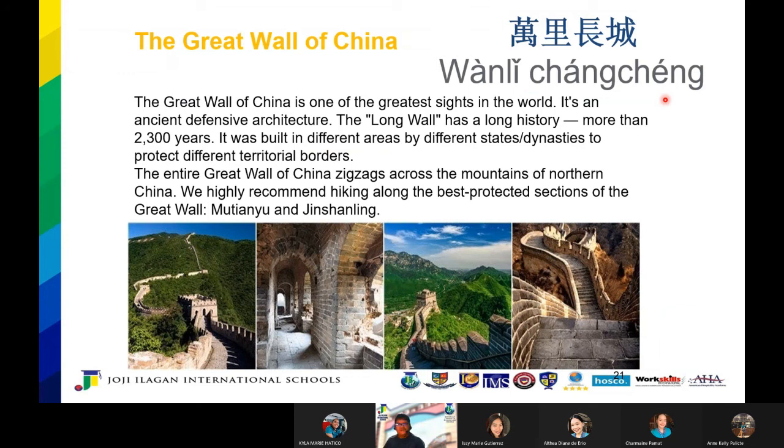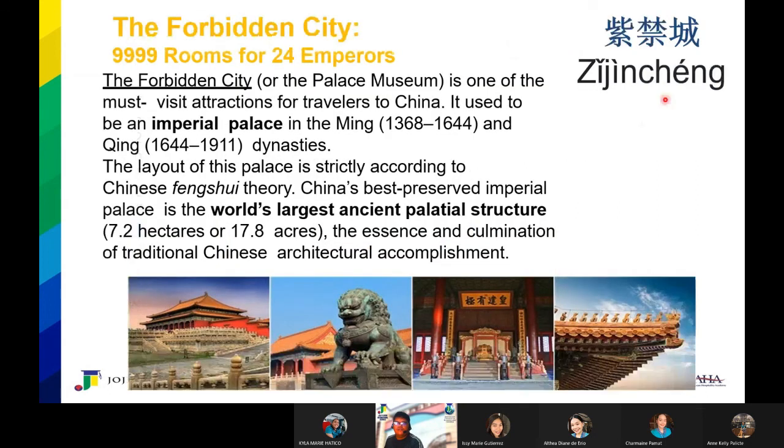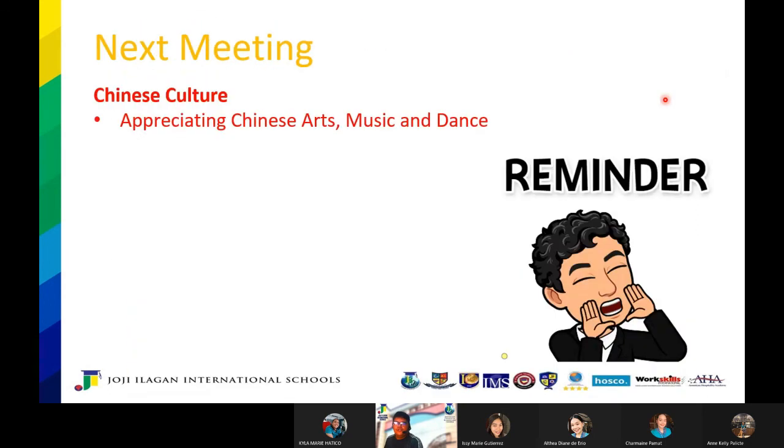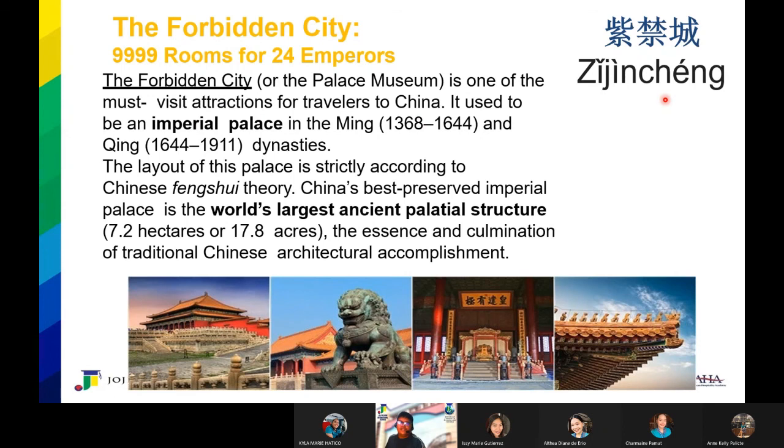We also have the Great Wall and all of these different tourist destinations in China. As hospitality and tourism students, we must understand that these will come into play whenever you travel someday, or when you want to explore the cuisine, it's up to you.